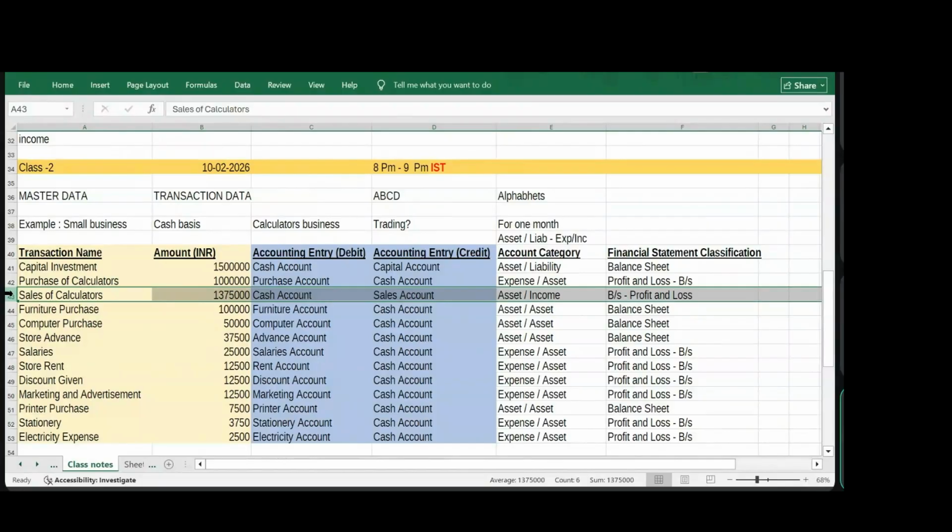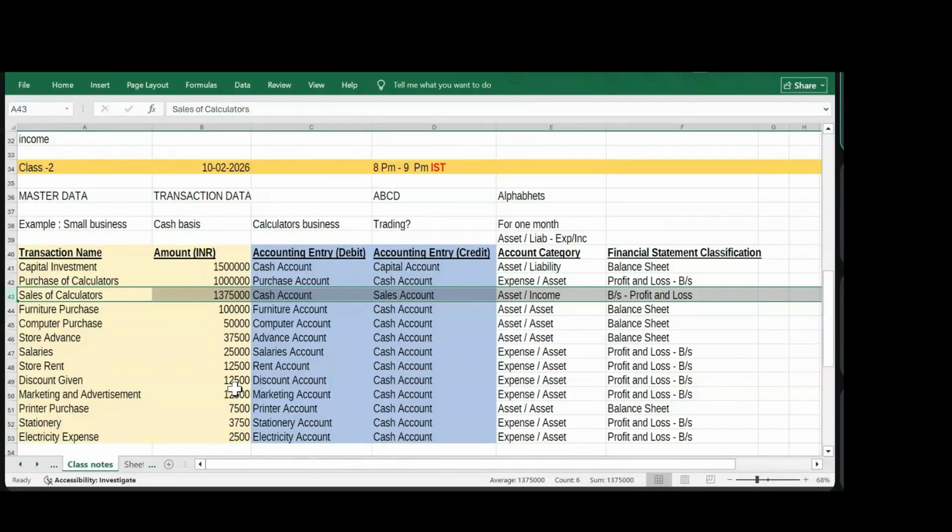We had our ABCD yesterday. Today, let's talk a few sentences. We purchased calculators for 10 lakhs and we are selling for 13 lakhs 75,000. And what are the accounts involved? Cash account and sales account. Super. Then account category.